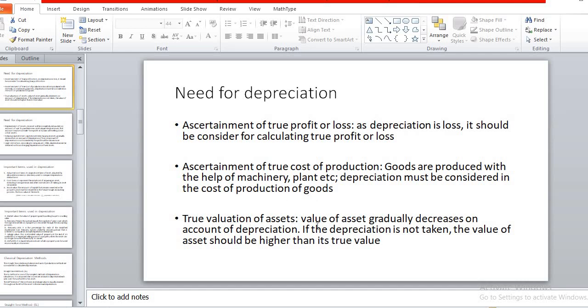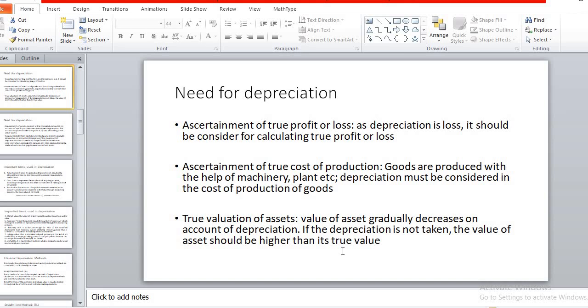True valuation of assets. The value of an asset gradually decreases on account of depreciation. If depreciation is not considered, then the value of the asset would be higher than its true value. Suppose at the beginning that building has a cost of 100 rupees. As time passes and the building gets old, its cost also reduces, and that reduction in cost is considered by depreciation.